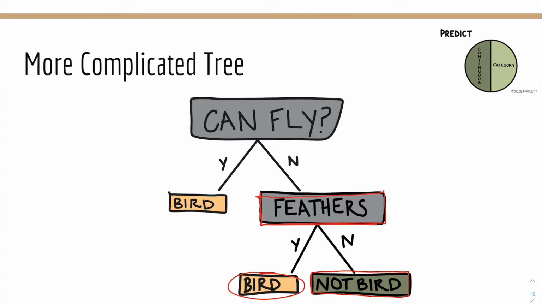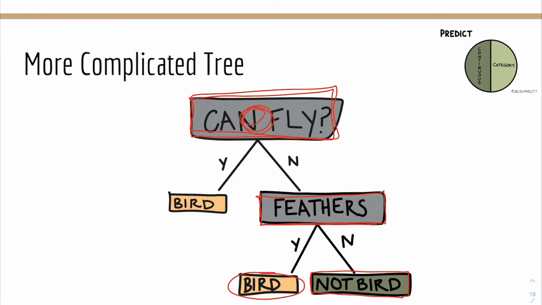So while we're here looking at this more complex tree structure, let's go over some vocabulary that we're going to use. When we have a tree, what we're going to mostly be talking about is things like the node. The topmost part of the tree where you start, when you're looking at whether we're going to classify things as birds or not, is here at whether or not it can fly.